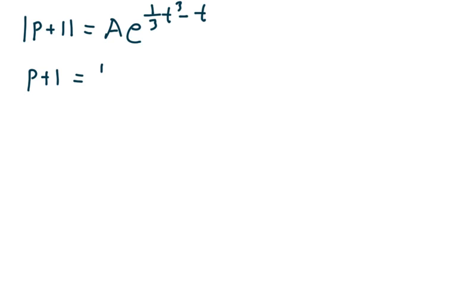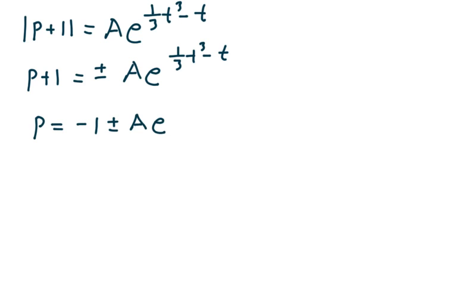So let's write that over here. The absolute value of p plus 1 is a e to the (1/3 t cubed minus t). So p plus 1 is plus or minus a e to the (1/3 t cubed minus t). If I solve for p, I get negative 1 plus or minus a e to the (1/3 t cubed minus t).